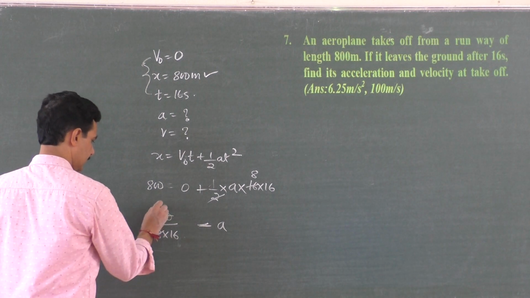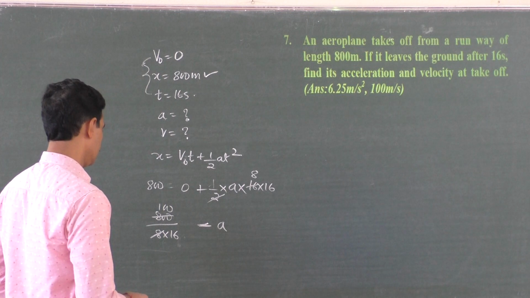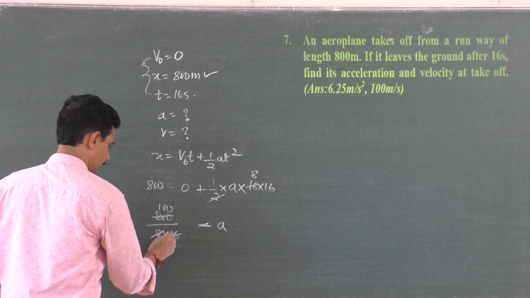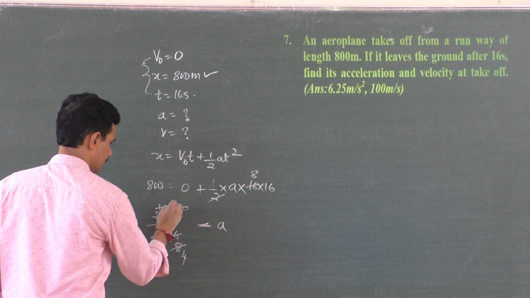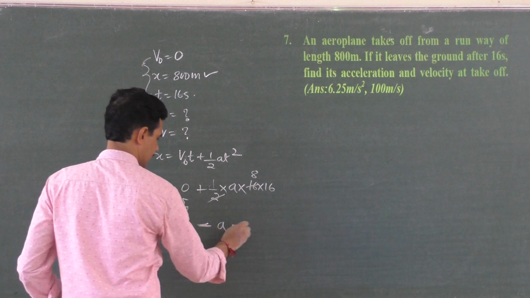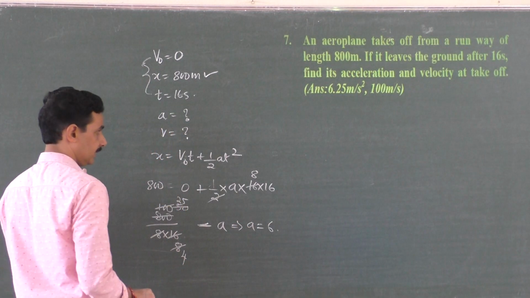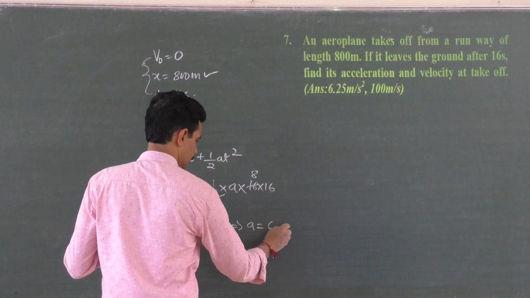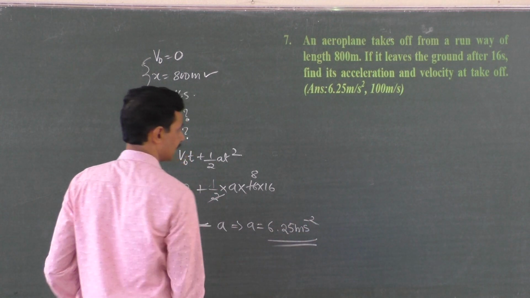This is 100 times 100 by 16. 2 8s are 16, 2 50s are 100, 2 4s are 8, 2 25s are 50. So you get 25 by 4, which is 6.25 meters per second square acceleration.